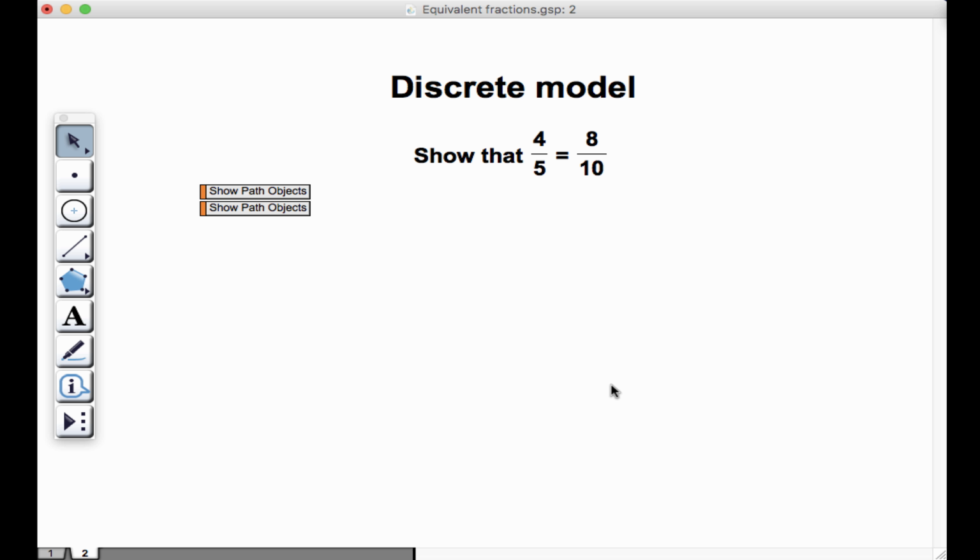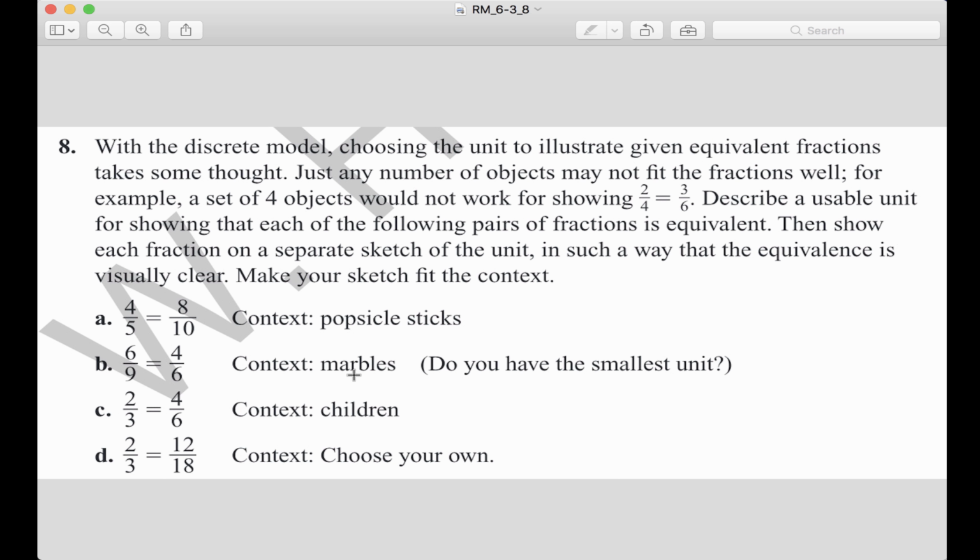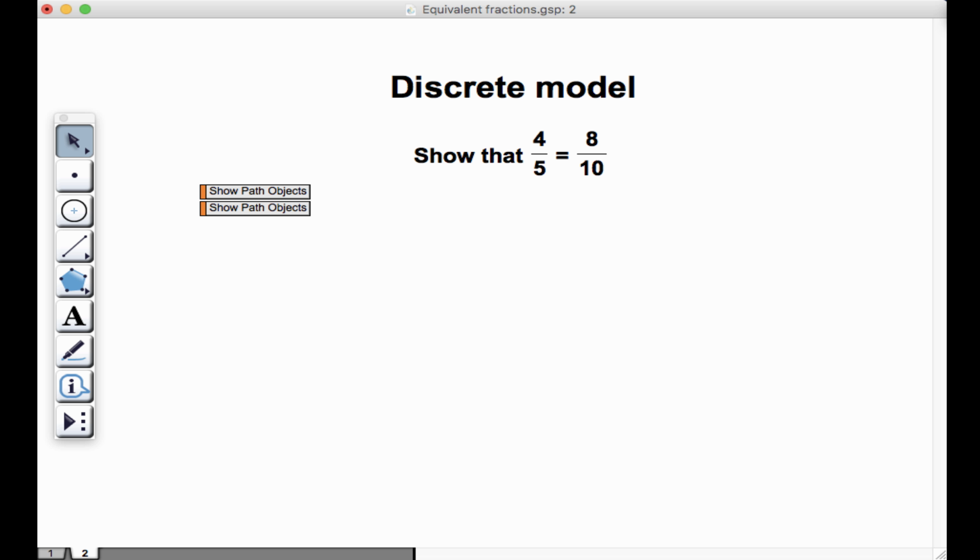We're not thinking about how tall the people are or how much they weigh or anything like that. We're just saying that each thing counts as one. And in this case, they're saying to use popsicle sticks as the context. And then in these different exercises, you have marbles, you have children, and you can choose your own discrete context for part D. So anything that you're counting rather than measuring.